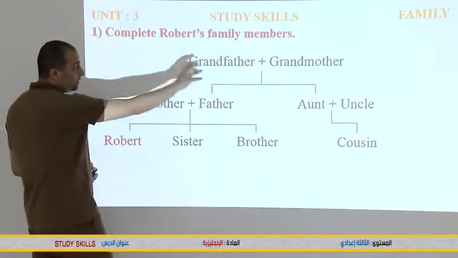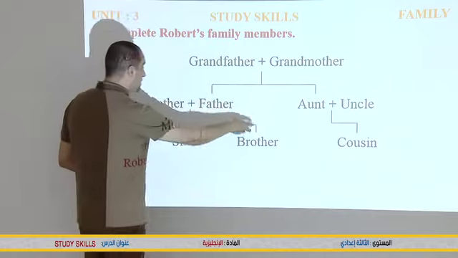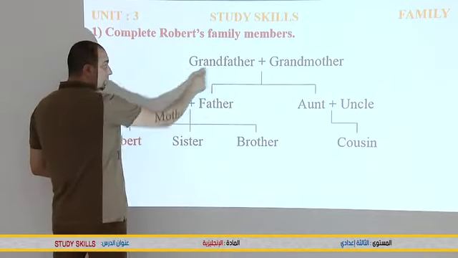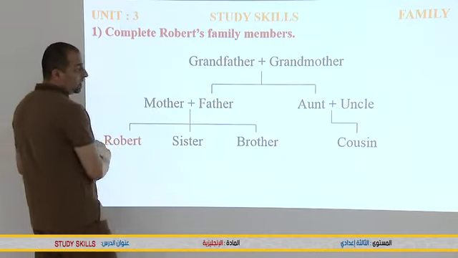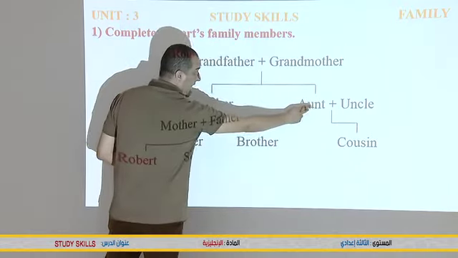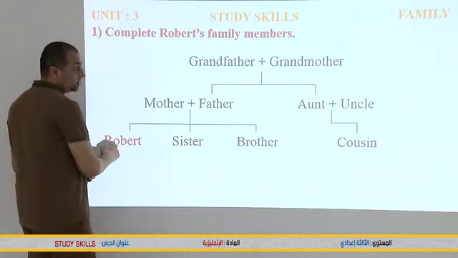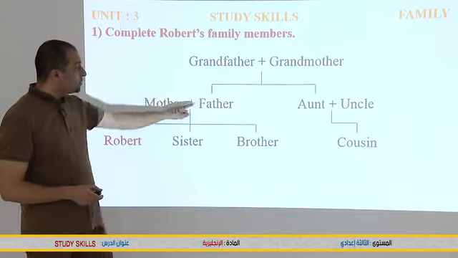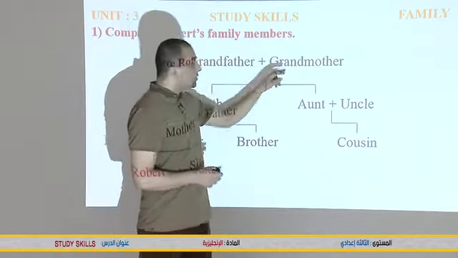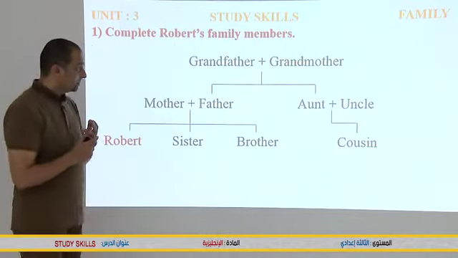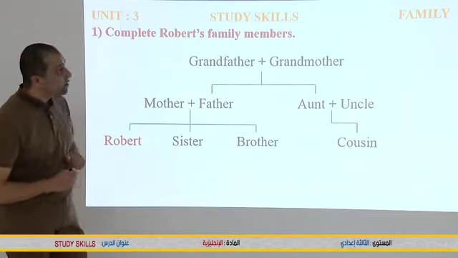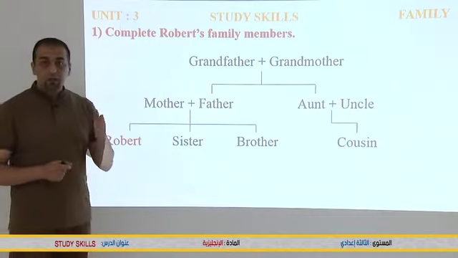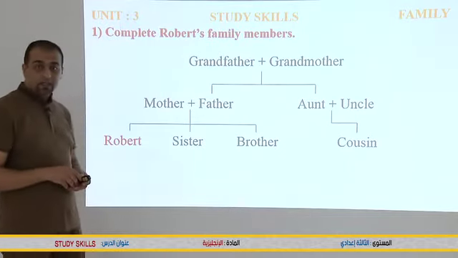All these family members are related to Robert. For example, this is the grandfather of Robert, and this is the aunt of Robert. Also, the plus sign between these two persons means that the two are married. So this is the correction. Now if you are finished, we can move to the next exercise.